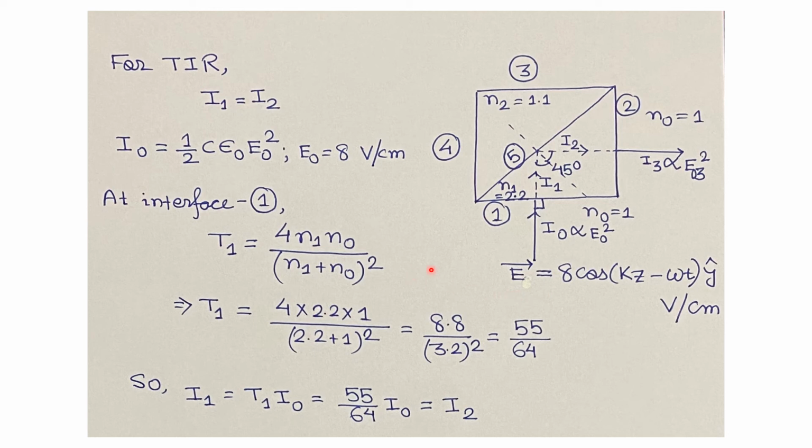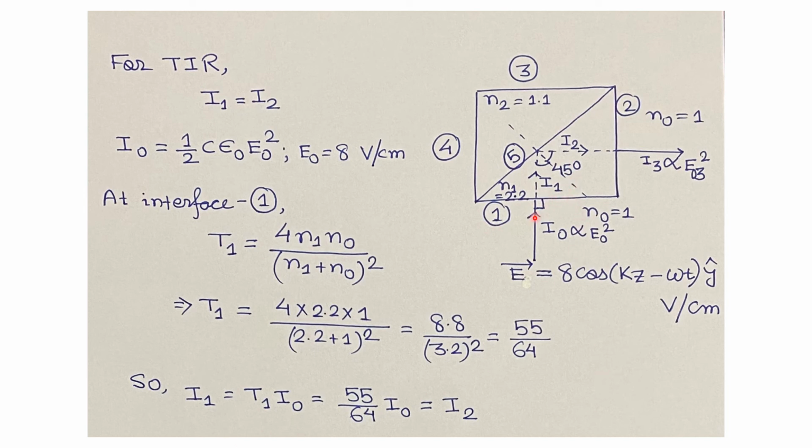Now for in-plane polarization, the transmittance formula is T1 equals 4 N1 N0 by (N1 plus N0) whole square. If we put the values for N0 and N1 in this formula, we get T1 is 55 by 64. So we get the transmittance for the interface of region 1 and this region.